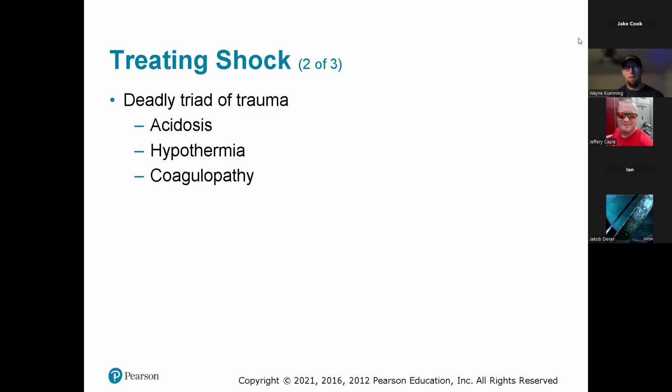Number 2, lack of white blood cells. Those are going to be in your immunocompromised patients. And 3 is hypothermia. Hypothermia almost without prejudice stops the production of fibrin, which is one of the most crucial portions of a blood clot.